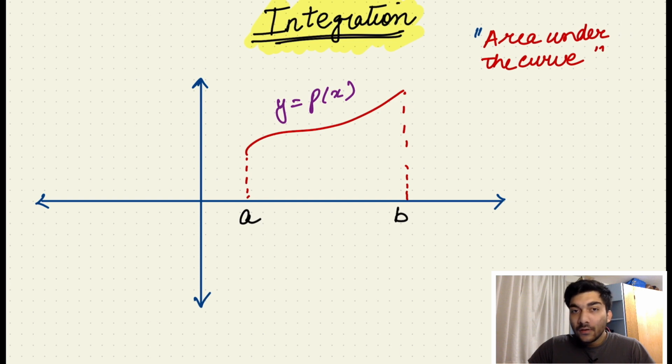So whenever you talk about integration, integration is basically taking the sum of all the parts of the curve. So in this example particularly, if I have to frame it in a different way, if you have to integrate this curve y equals f(x), you basically have to take the sum of all the parts of this curve and add them together in order to get the integration of this curve y equals f(x).